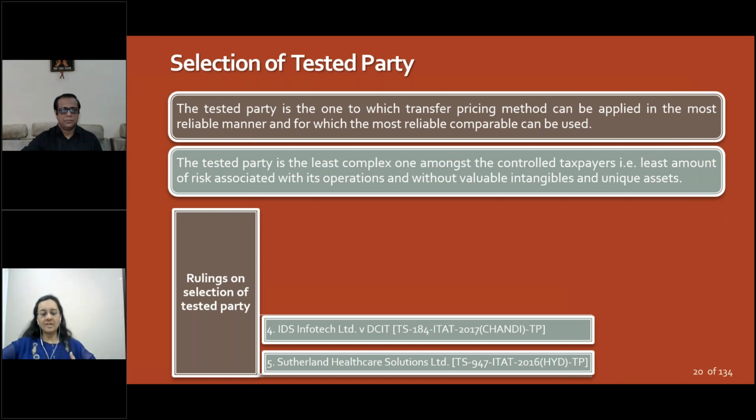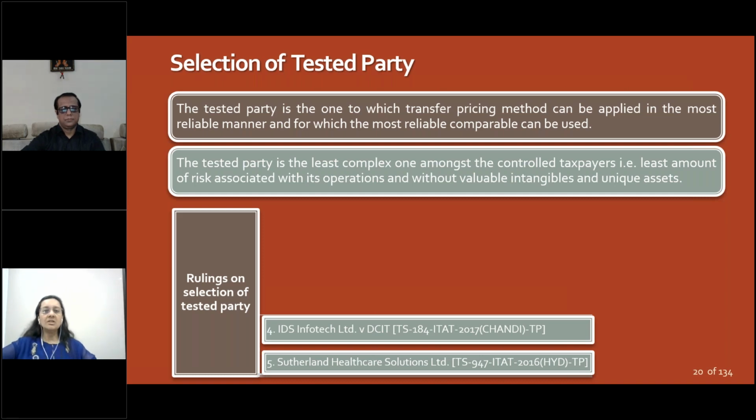Now, in selection of the tested party, interestingly, the landmark case is Ranbaxy, in which Ranbaxy said that the Indian entity has unique intangibles and actually is a manufacturing entity and manufactures the medicine.